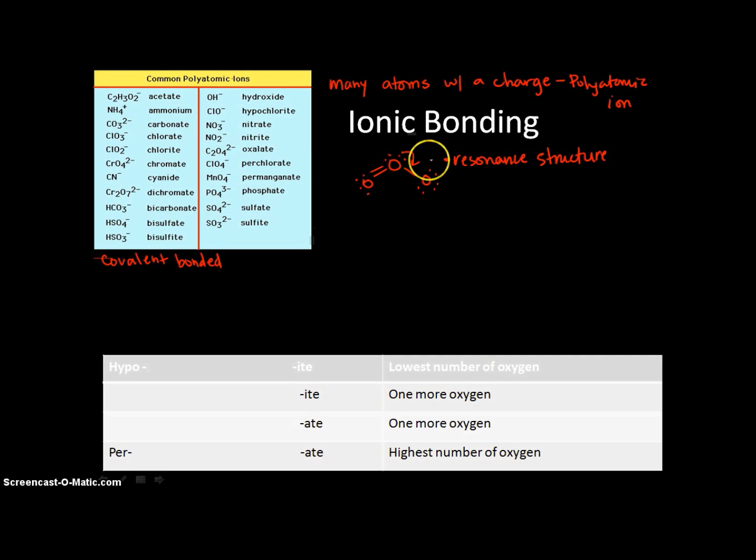But I just kind of want to give you some background about these polyatomic ions. So what this is, O3, has a resonance structure, which would be the fact that it can double bond on the other side. Both ways are correct, and they both have the same amount of electrons, and neither one really is happy with the way that it's bonded.